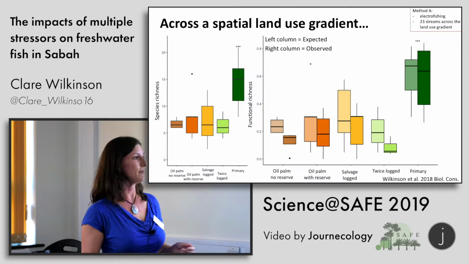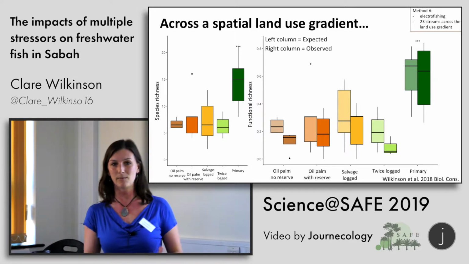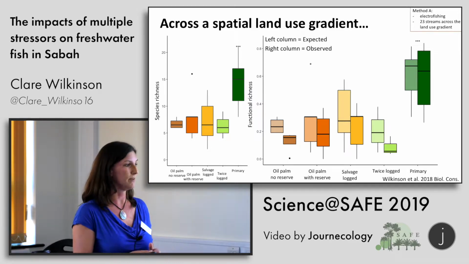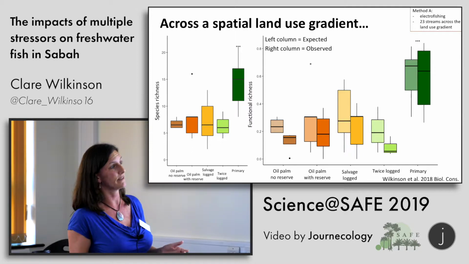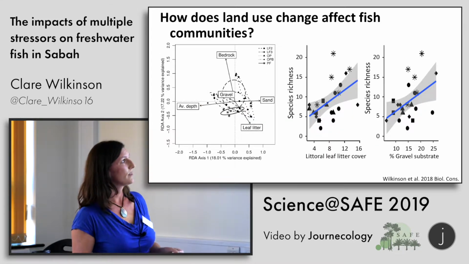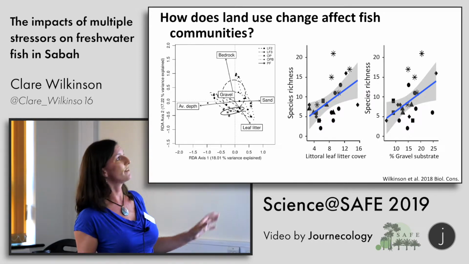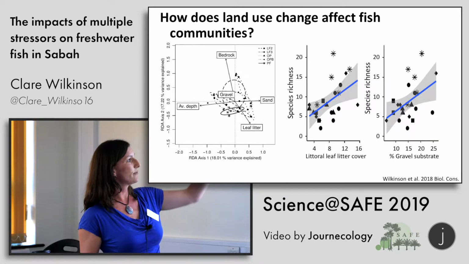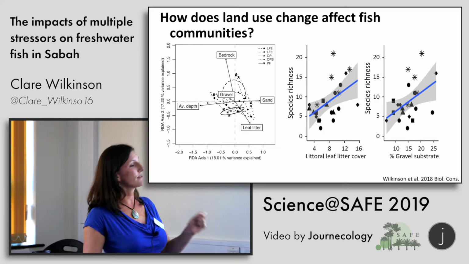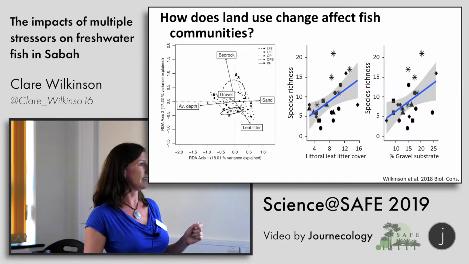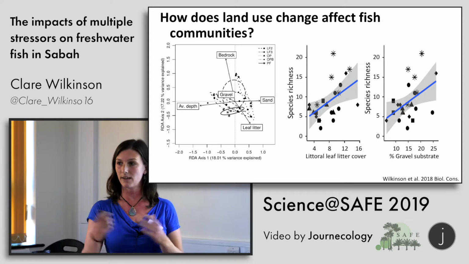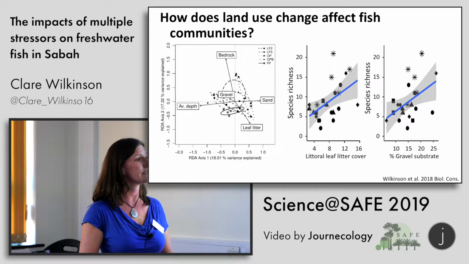It led me to question more what it is about the riparian reserve that we need to look at, or is 30 meters just not wide enough in this area? With all the different environmental variables we measured, we put them into an ordination with the fish community. These 5 variables, sand, gravel, bedrock, leaf litter, and average depth, all came out as significant in explaining differences in the fish communities.